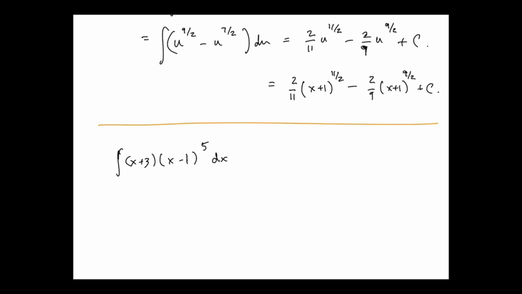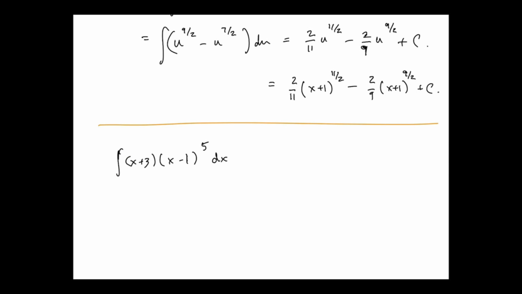Now there are actually two different ways to do this one. Could we expand this all out, theoretically? Yeah, it's to the 5th power, and then there's this other thing. So we could do it. It would just take a few minutes. And you could probably do it relatively quickly if you remember your binomial coefficients from Pascal's triangle.